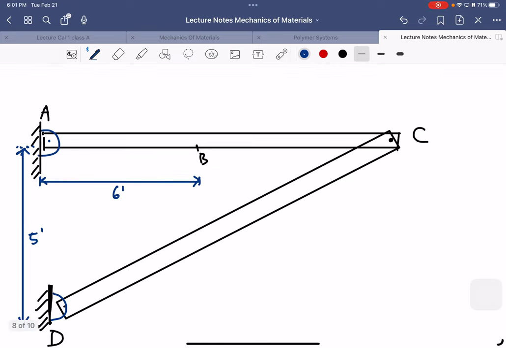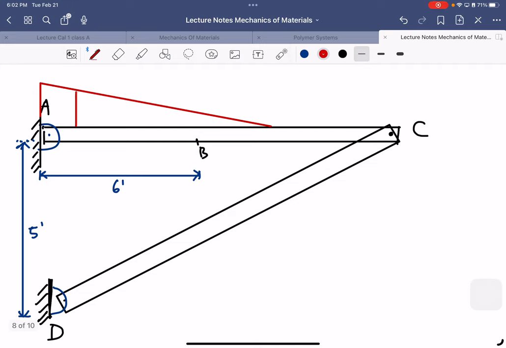And then there will be some distributed force that goes by this triangle. Okay, we have a distributed force like this, and this is 1,000 pounds per feet.